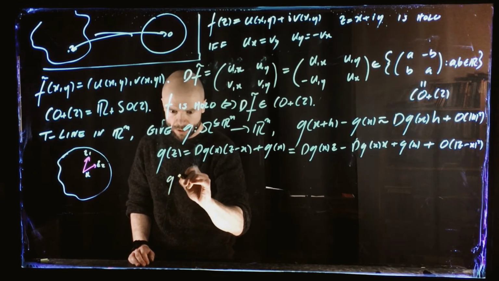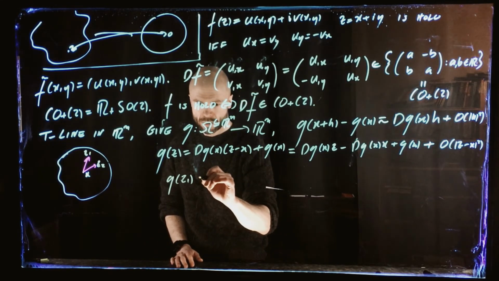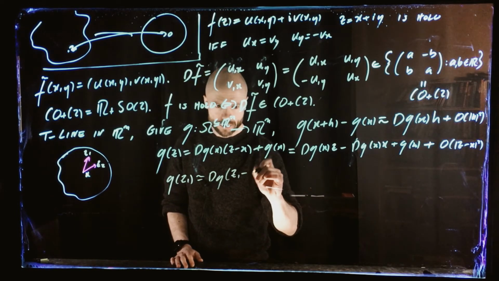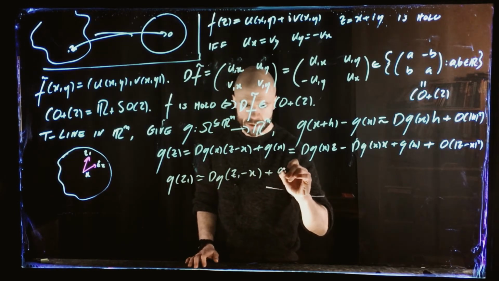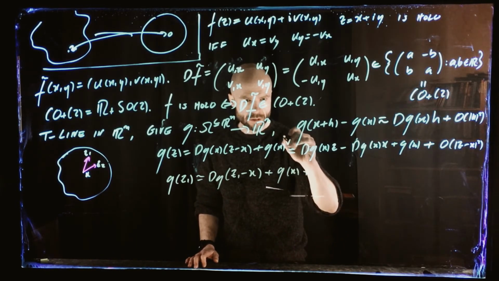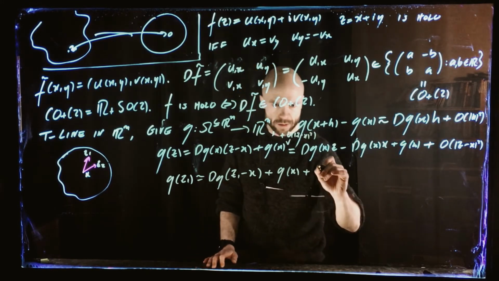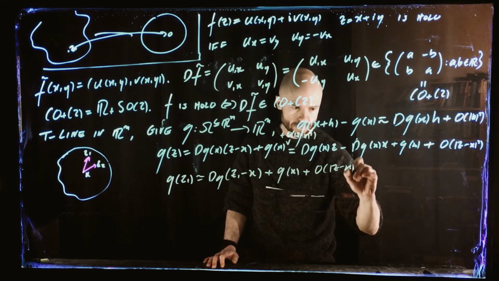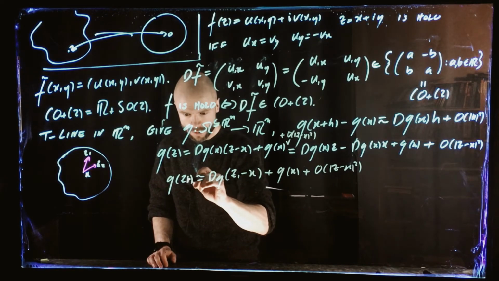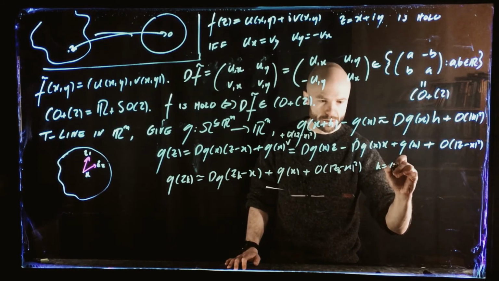We have that G of Zk is kind of like G of x0 plus this thing applied to Zk minus x0, plus the error term, like this, for k equals 1 to 2.